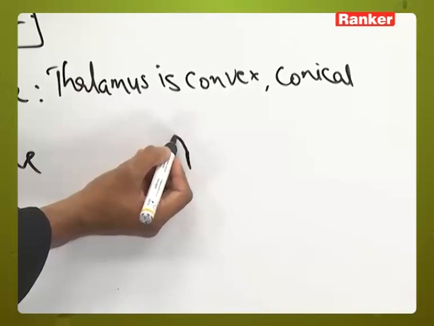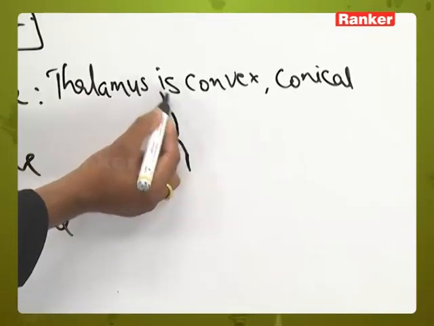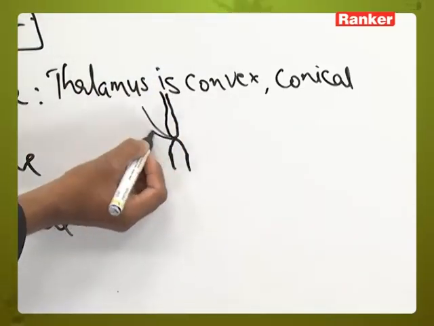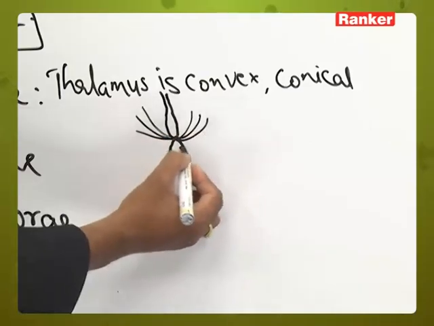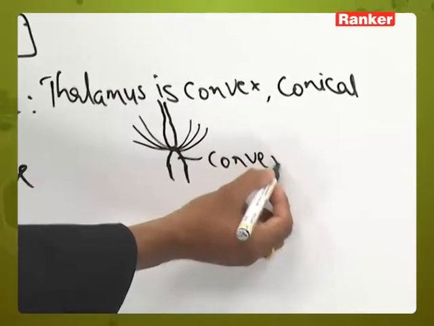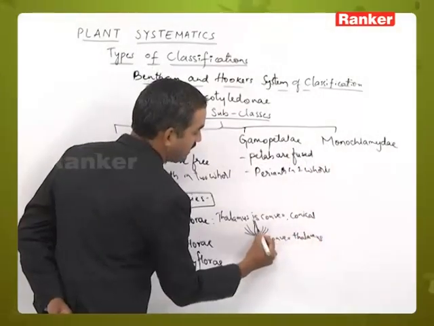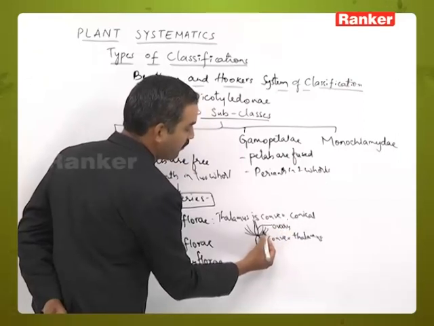So at the tip of the thalamus, the ovary will be growing, and remaining floral parts appear to be coming from the base of the ovary like this. So this is a convex shaped thalamus, and this is an ovary present at the tip of that one, and remaining floral parts.